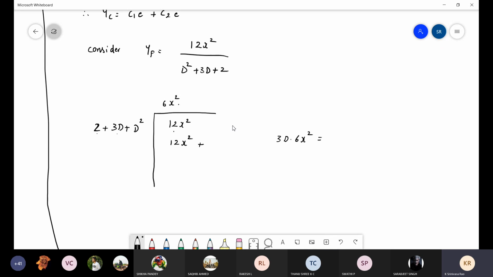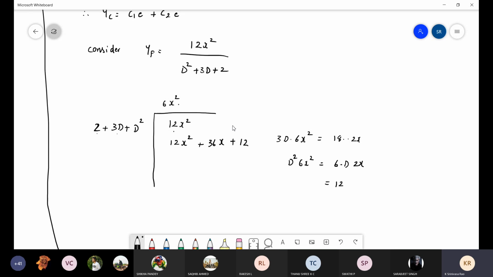6 3s are 18. Differentiation of x square is 2x, so you will get 36x. Then plus D square into 6x square: 6 into one time differentiation you will get 2x, another time differentiation you will get 12, 6 2s are 12.